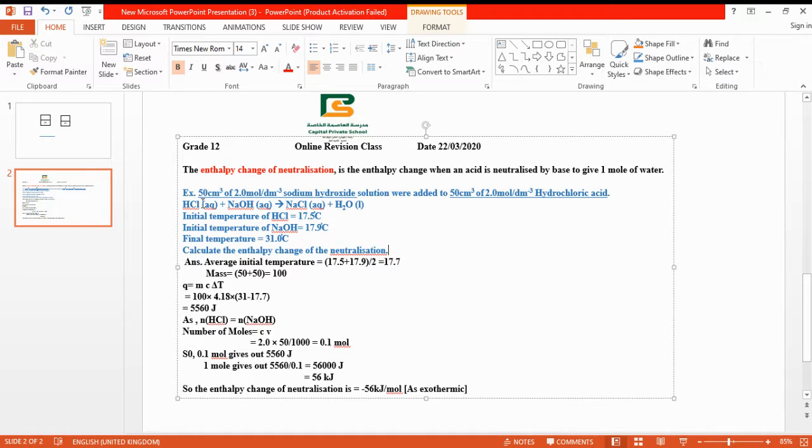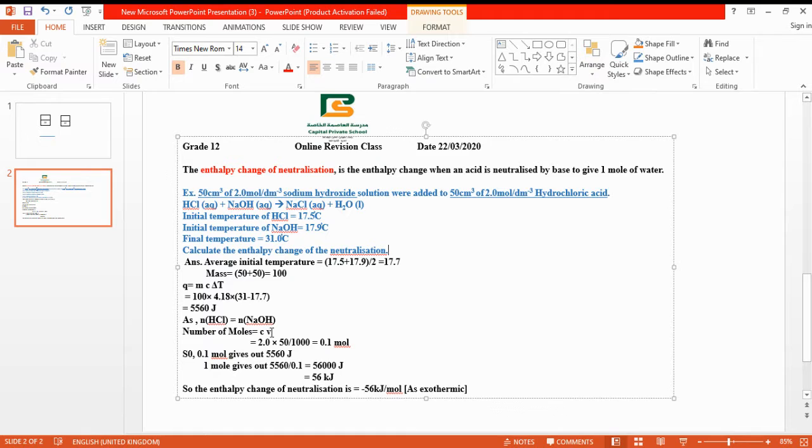Now you see the equation. The equation tells us that 1 mole of HCl reacts with 1 mole of NaOH. Both are the same moles, so n moles of HCl neutralize n moles of NaOH. If we calculate the number of moles of HCl, it should be the same for the NaOH also. How can I find the number of moles?